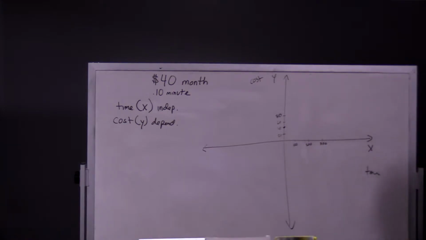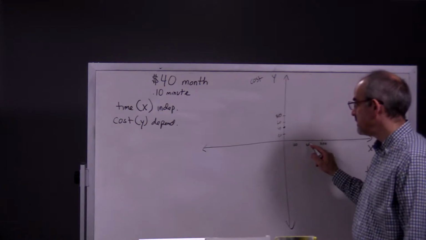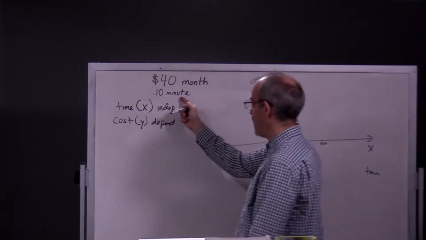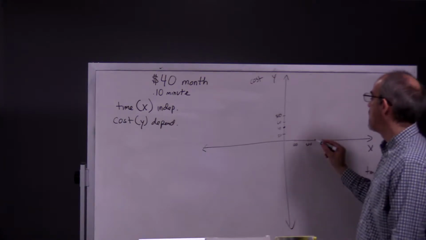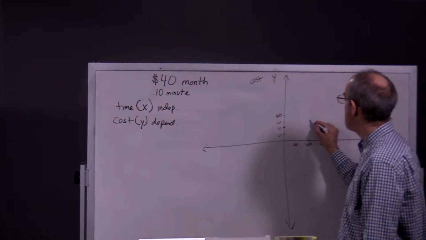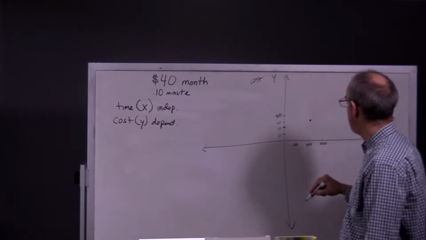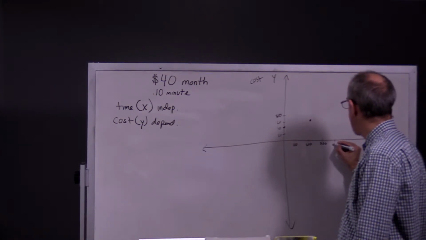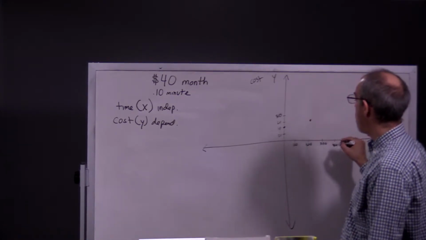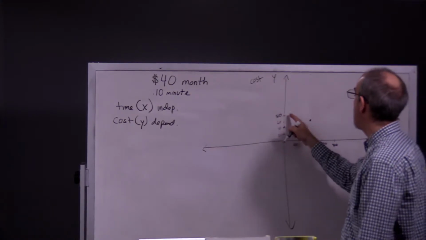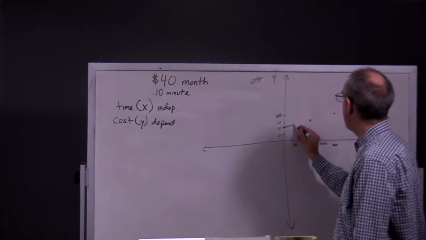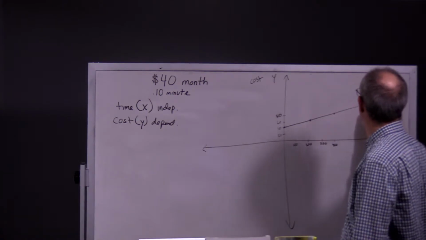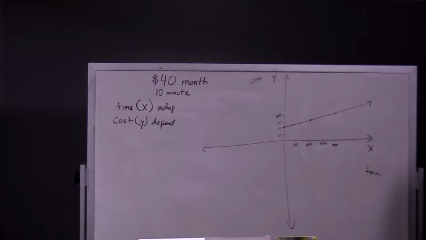Let's do 100 minute increments. If you talk for 200 minutes, each minute is 10 cents, so 200 minutes is $20. So it goes up to $60 for the phone. If you talk for 400 minutes, that's an extra $40, so it'll go up to 80. So we can graph this, and that's what our graph looks like.